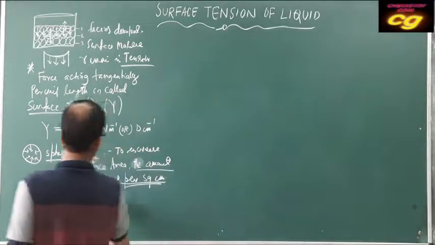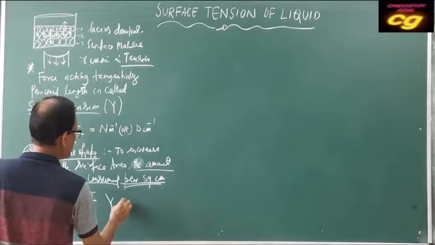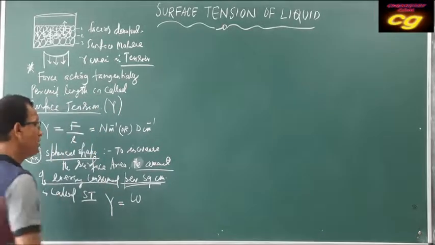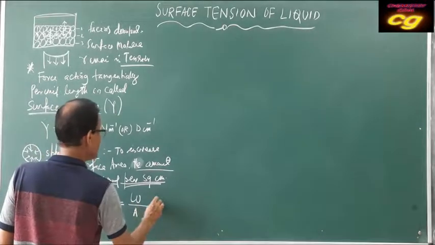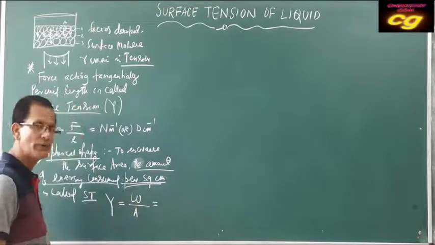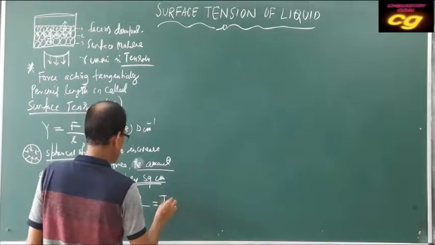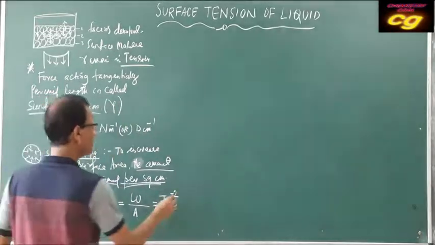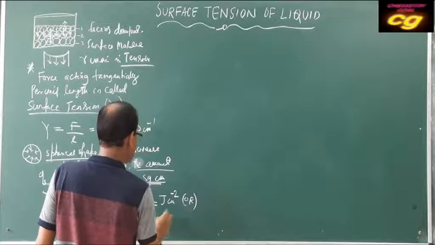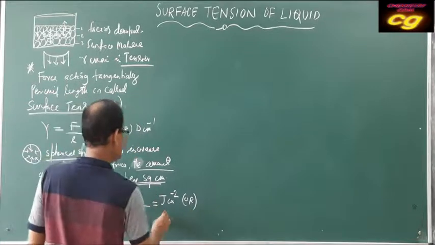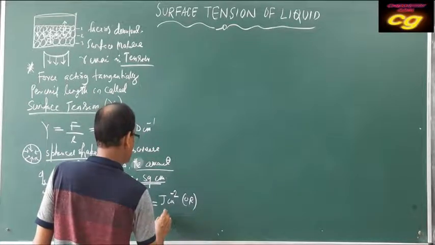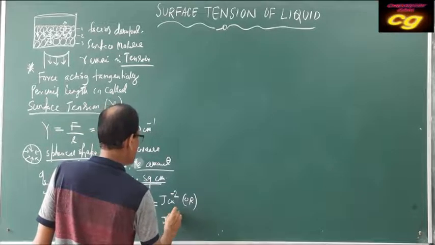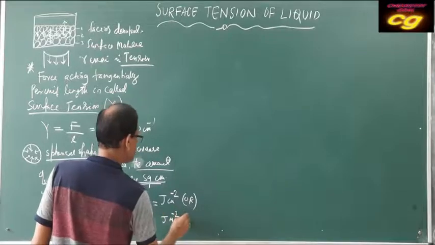So surface tension gamma can be written as work done, that means energy per unit area. What is the unit of work done? Joule. Joule per centimeter square, or joule per meter square.